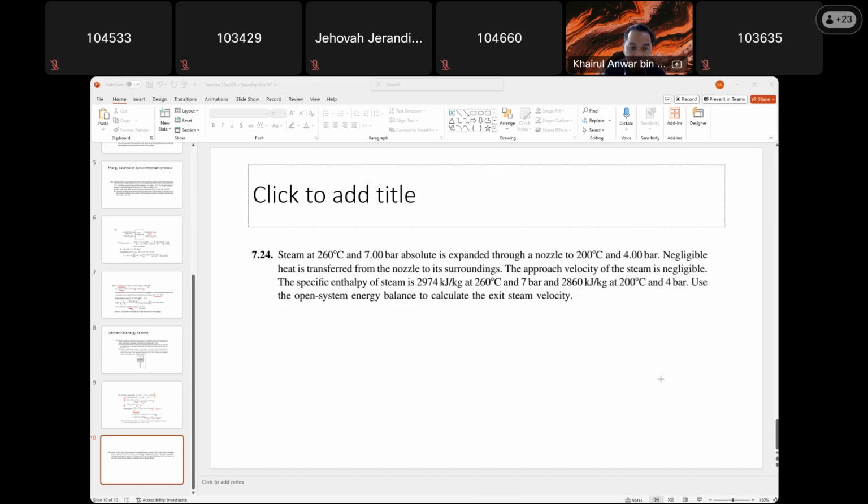So delta EK is equal to negative delta H, equal to the equation for the kinetic energy, u squared over 2. So u squared over 2 is equal to the enthalpy. So enthalpy is equal to mass times specific enthalpy.